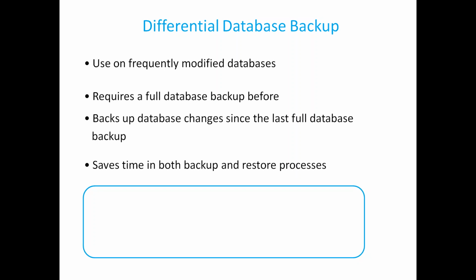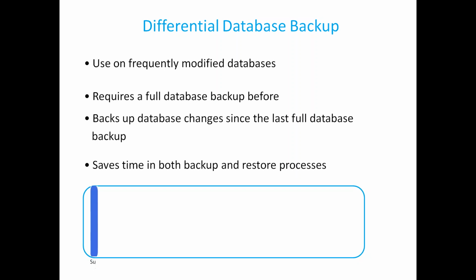In the same way, when you take a second differential backup on Monday, then the Monday differential backup will contain the Sunday changes as well as Monday changes. So in the same way for Tuesdays, it contains the last 3 days changes. So if you notice that way, the differential 1, 2, 3, 4, these will be in increasing order, the size. So by using the differential backup, you can save time and you can also save the space.